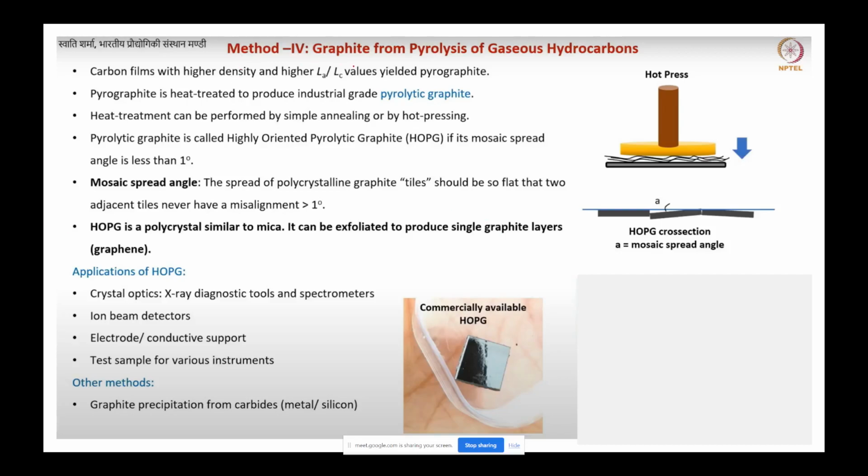So here, as you can see, graphite from pyrolysis of gaseous hydrocarbon. Here we are making graphite from pyrolysis. There is a term called gaseous hydrocarbon, and you should know what a gaseous hydrocarbon is.